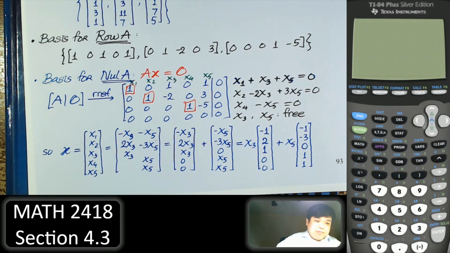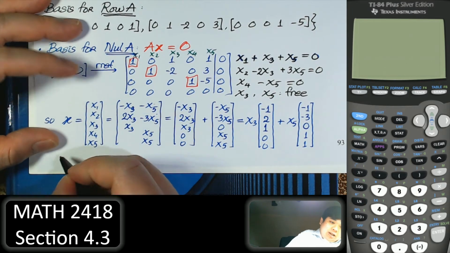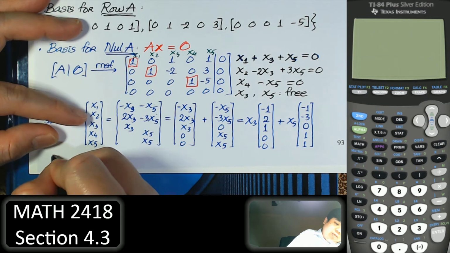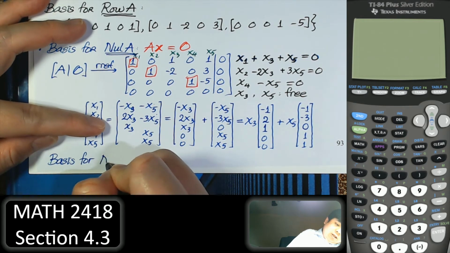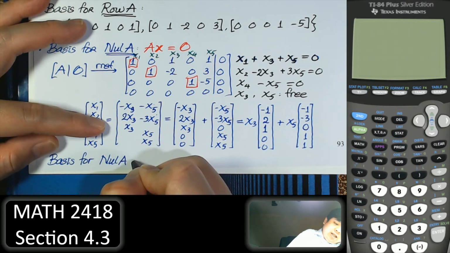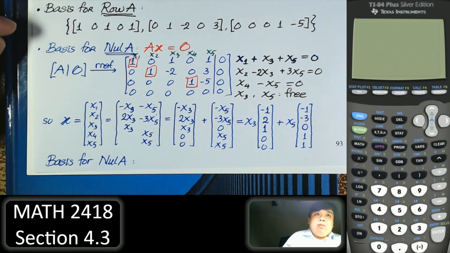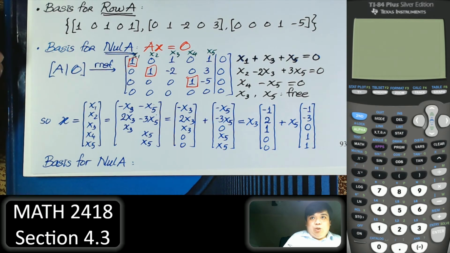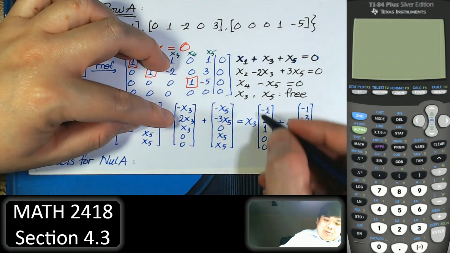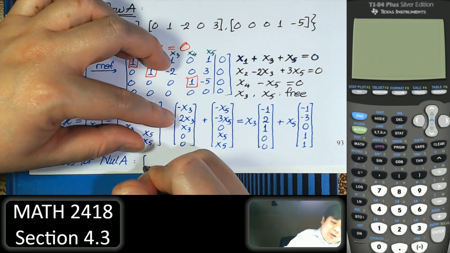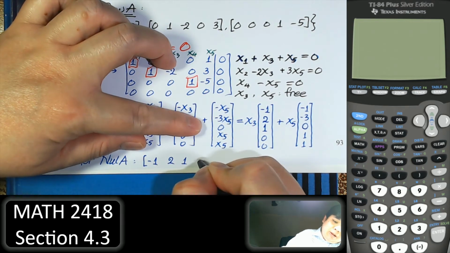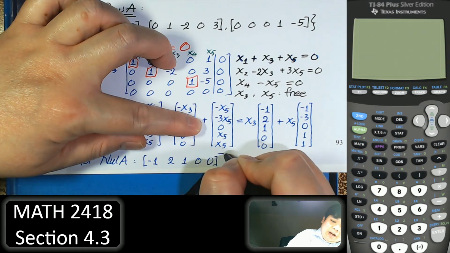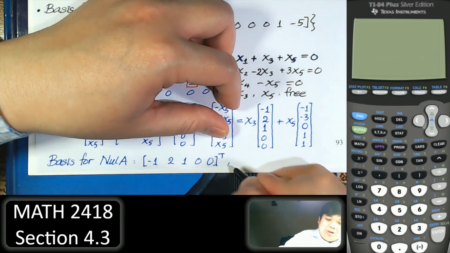So I will say the basis for null space of A are those two vectors. But usually if I run out of space when I cannot draw the column, I just write a row and then transpose it. That will turn it to a column.